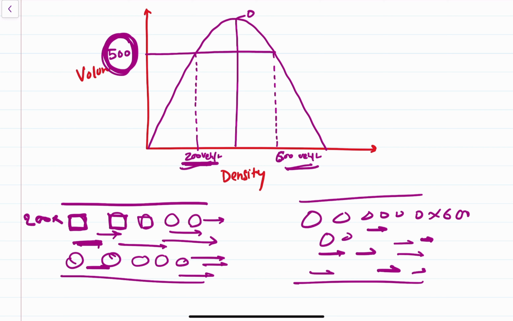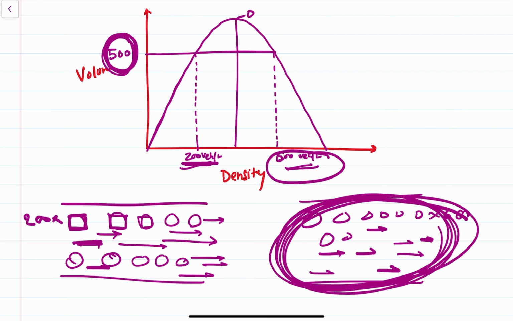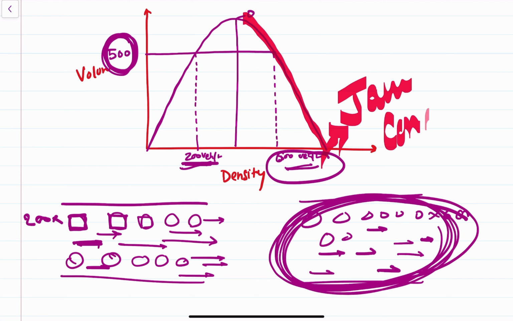That is, the movement of the vehicles is somewhat higher. While here the standing vehicle number is higher. We have 600 vehicles standing on the road, while only 500 are moving. Because of that, if we follow this part of the graph, we are moving towards a traffic jam condition. Okay, so this is one deduction from this graph.